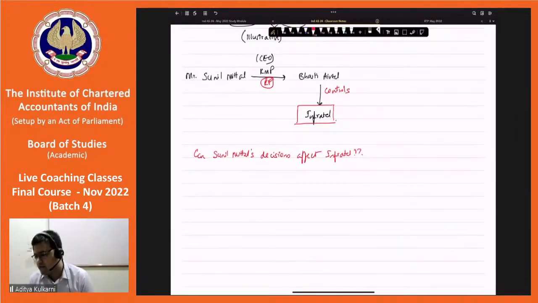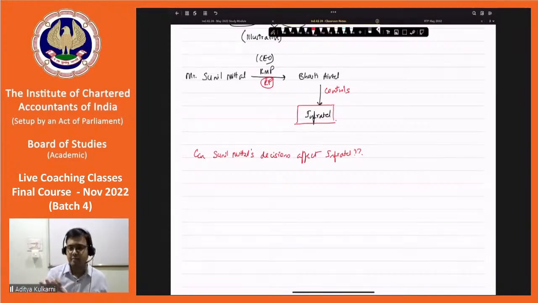I'll come to your answer. I'll come to your question, Sheena Jain. Okay. Give your answer. Can Sunil Mittal's decisions affect Infratel, which is the subsidiary of Bharti Airtel? Just think and answer.